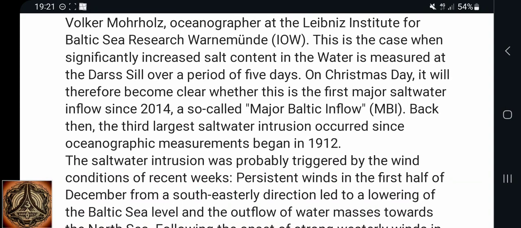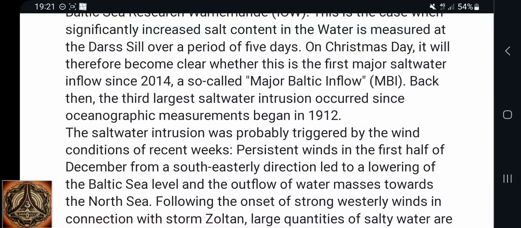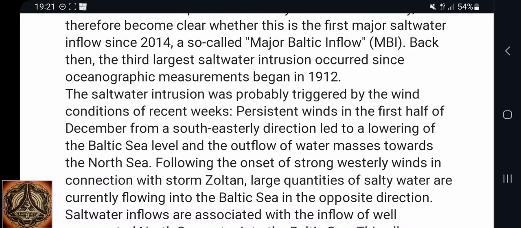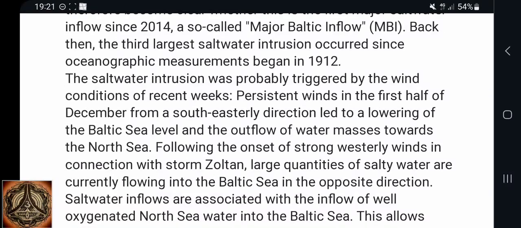On Christmas Day, it will therefore become clear whether this is the first major saltwater inflow since 2014, a so-called major Baltic inflow. Back then, the third largest saltwater intrusion occurred since oceanographic measurements began in 1912. The saltwater intrusion was probably triggered by the wind conditions of recent weeks.